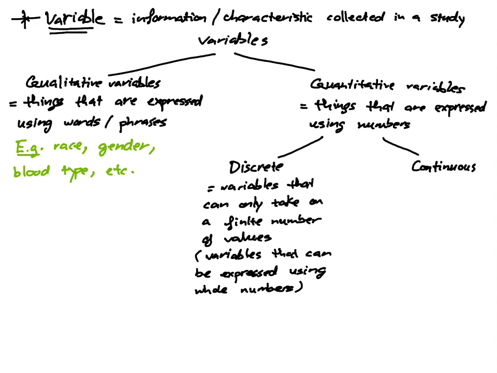So, as an example, you may have the number of courses that you take this semester. You may have the number of students in a classroom, and so on and so forth. So these variables take on values like 1, 2, 3, 4, 5, 6, 7, and so on, and they're all whole numbers.